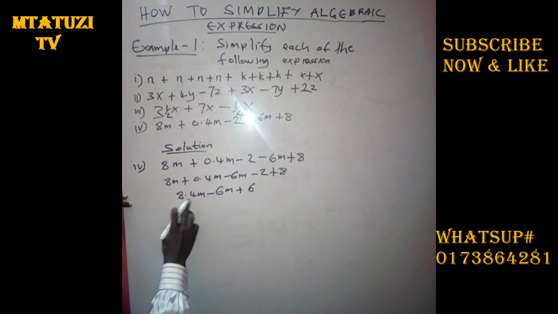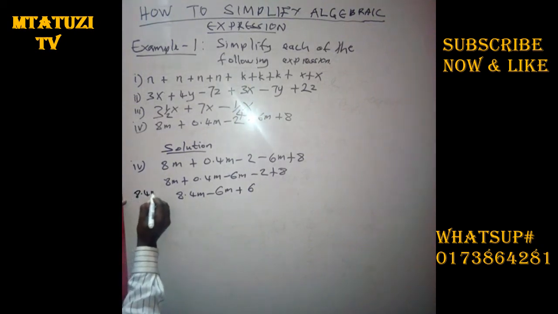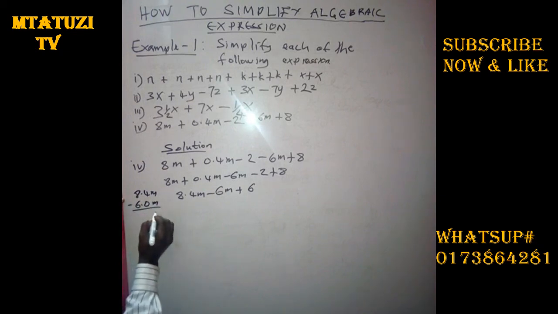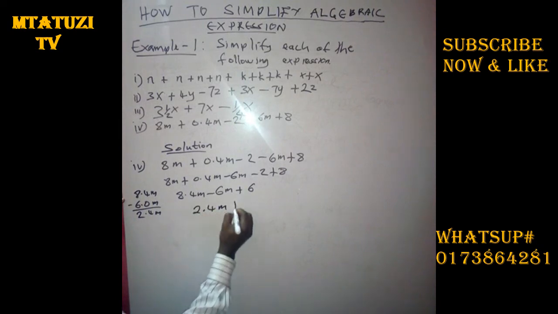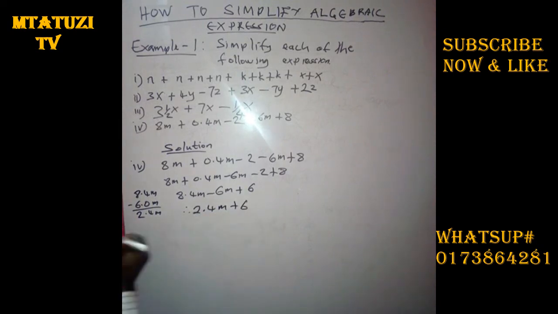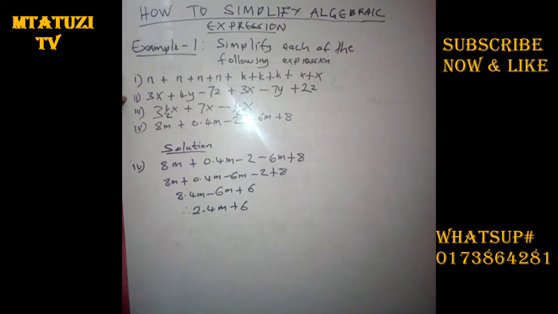We take 8.4m minus 6.0m. When you subtract there, you get 2.4m plus 6. So this is your answer. That is how to simplify an algebraic expression like this one.